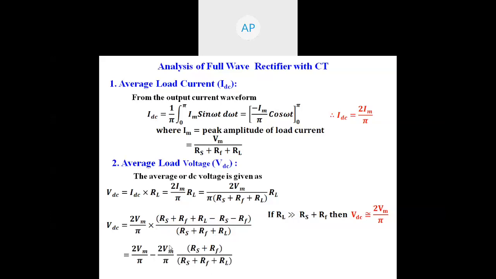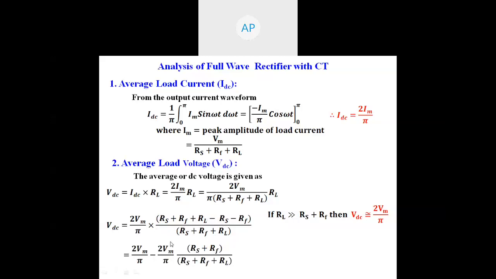Now, what is this value? Can you write this value? 2 Im divided by pi into Rs plus Rf plus RL. Yes guys, this is the actual expression, where IDC is 2 Im divided by pi. This is the approximate value.